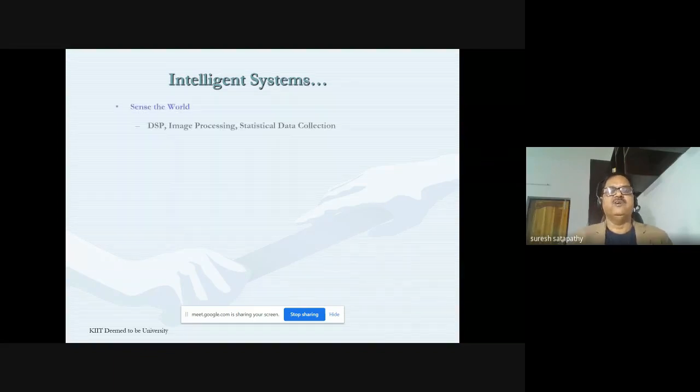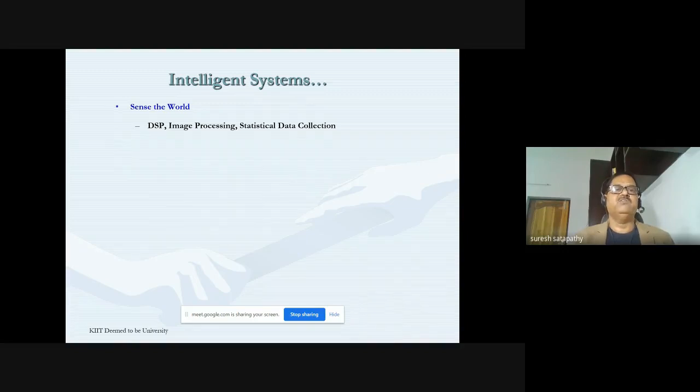The first one is input, sensing the world. You need to take the data from the world, so you have to sense. Like the human body has eyes, nose, mouth, hands, you can feel, touch, smell, taste, hear, and see. So many sensors are there in our physiological body.